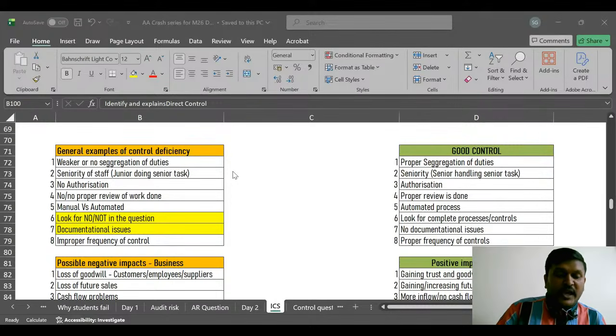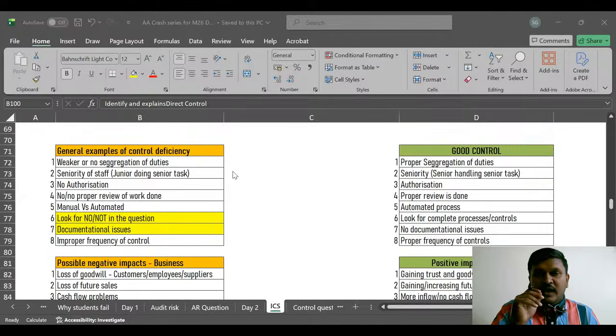Now the sixth one. Anywhere in the question they have said they have not done something, any kind of 'no' or 'not', these two terms, if you see them anywhere, either directly or indirectly, meaning that it has not been done or is not present, it is again a control deficiency you will be looking into.